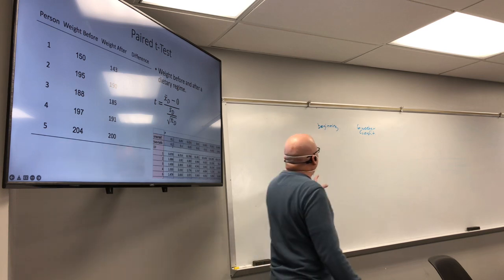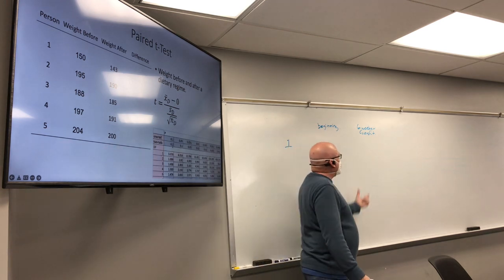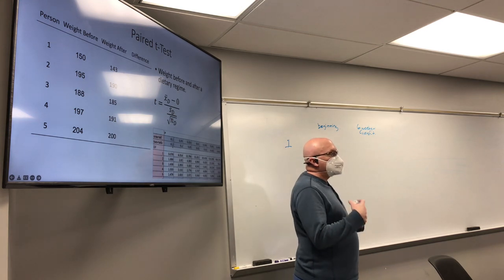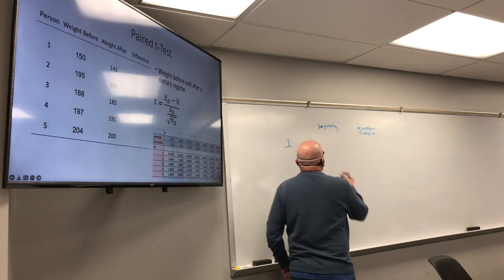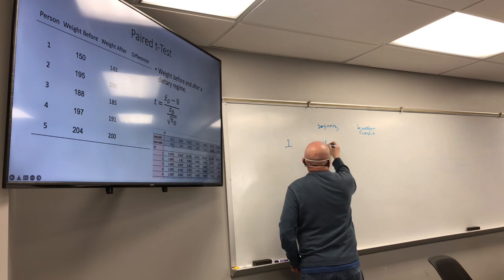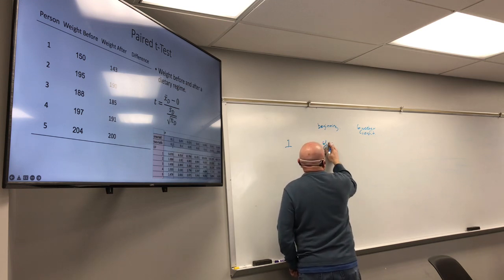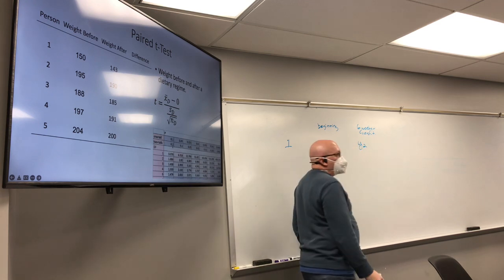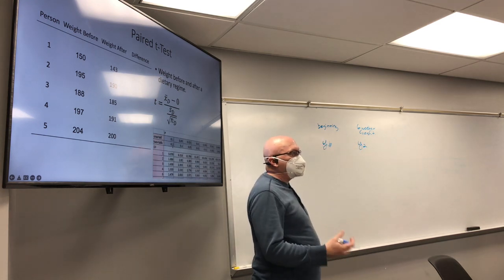And so you don't want to compare this set of individuals with this set of data, assuming independence, because they're not actually independent. You actually want to compare what is the performance of this individual at time 1 and what is the performance of this individual at time 2.